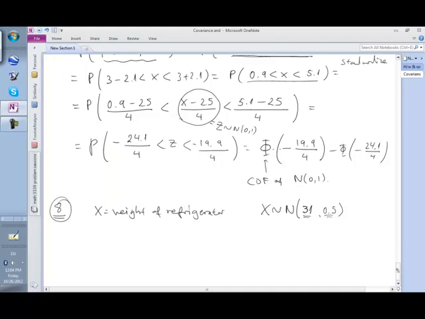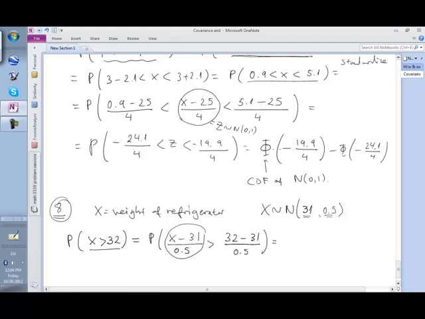So now we want to find the probability that a refrigerator is heavier than 32 pounds. So once again, we subtract the mean from X, we divide by the standard deviation. So we do that also on the right hand side of this inequality.